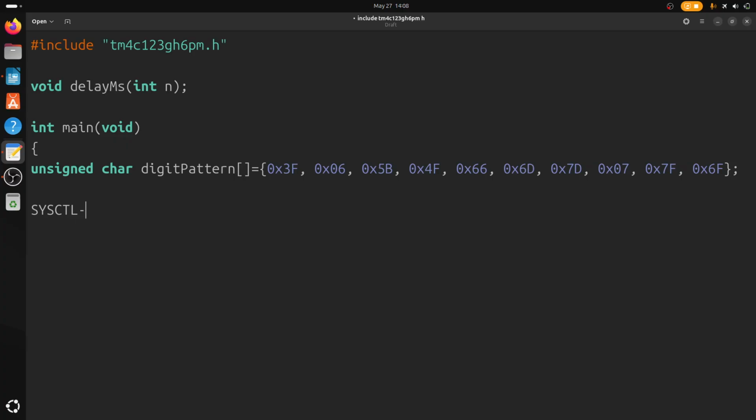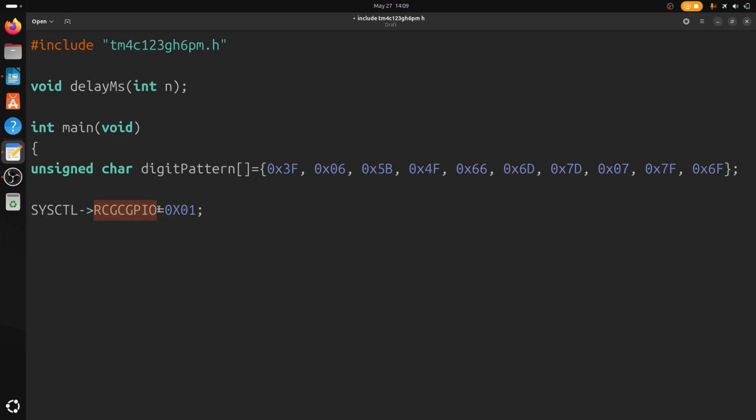SYSCTL RCGCGPIO. It's choosing this 32-bit register, RCGCGPIO.